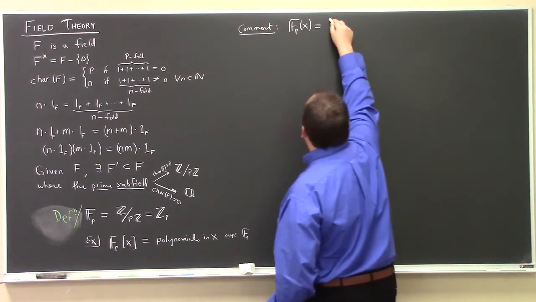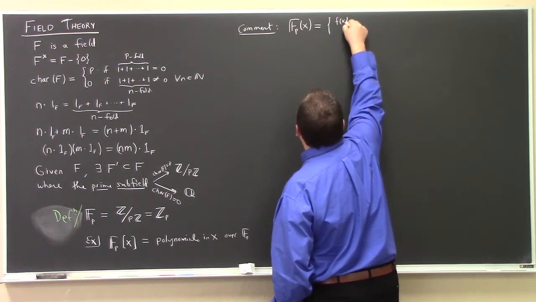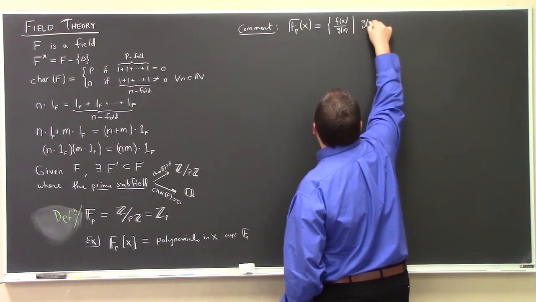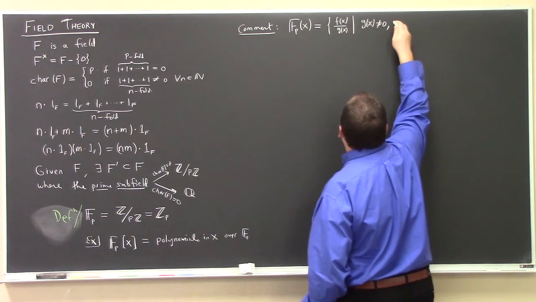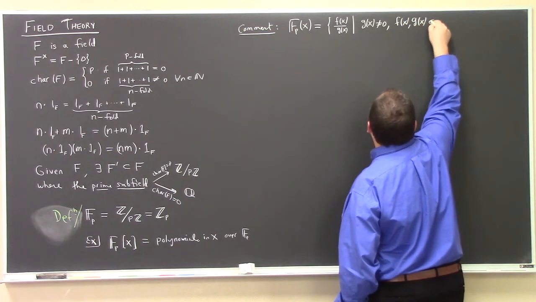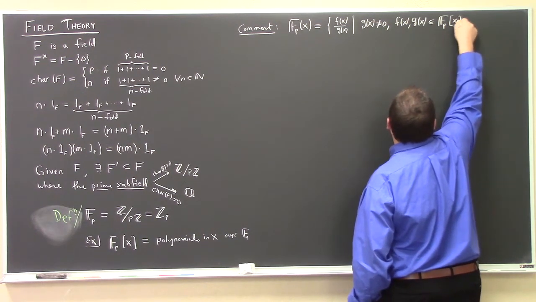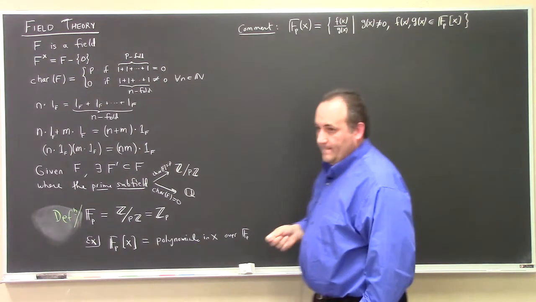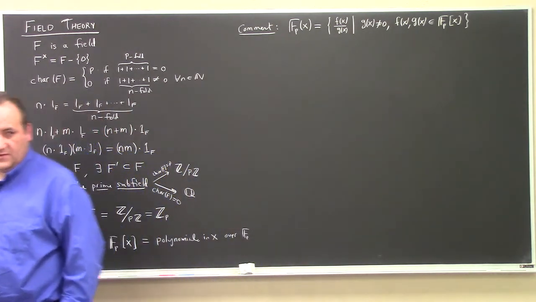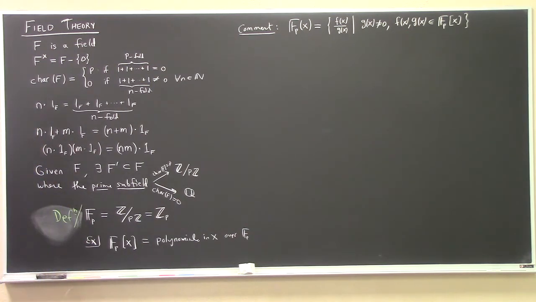And we explained last semester that it is basically things of the form f of x over g of x, such that g of x is not equal to 0, and f of x, g of x are polynomials over F sub p. So this is an infinite field of characteristic p. That's kind of interesting. You have a finite characteristic, but an infinite field.